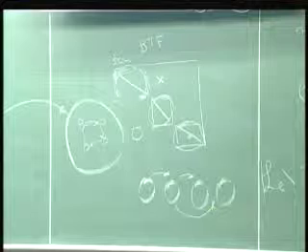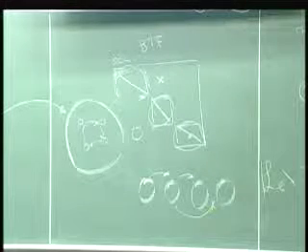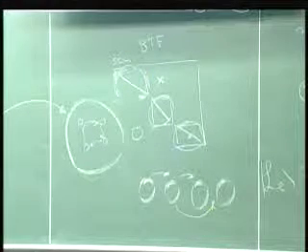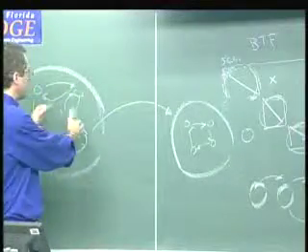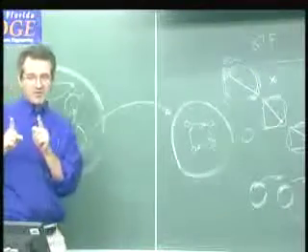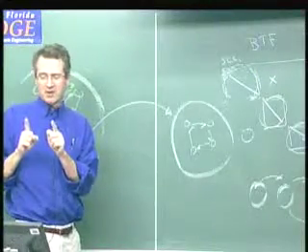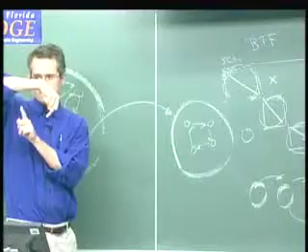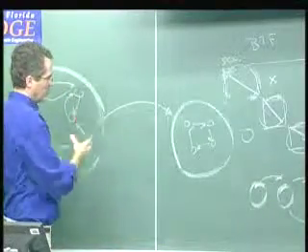It's only a component if you cannot make it any bigger and still keep it strongly connected. So it's a subgraph that is as big as possible and yet still has the property that between every pair of nodes in that subgraph, there's an edge there and back again. So that's a strongly connected component.